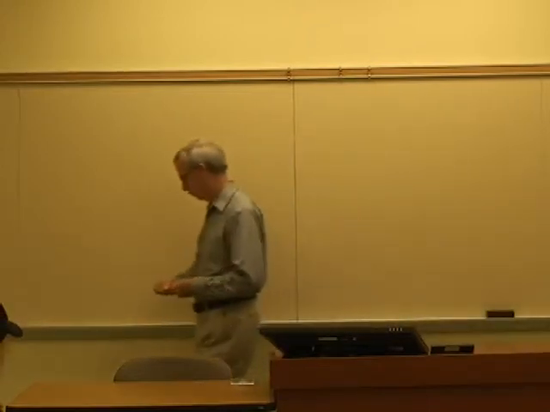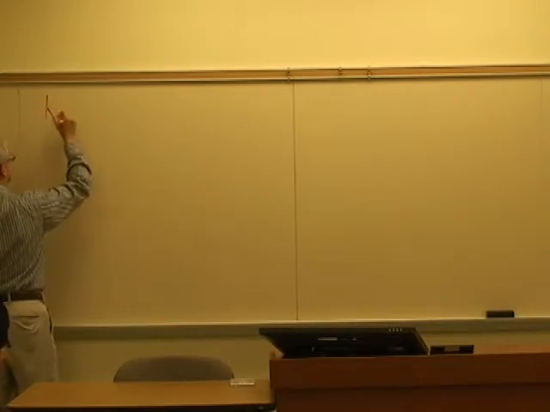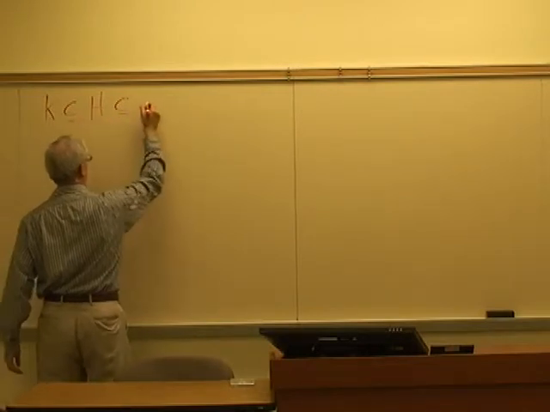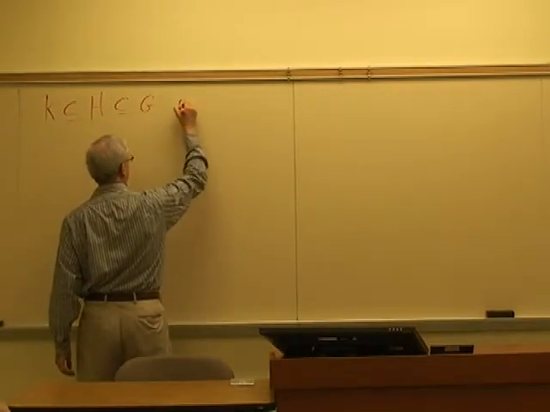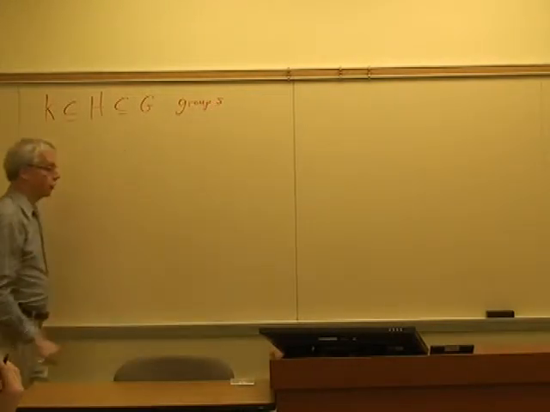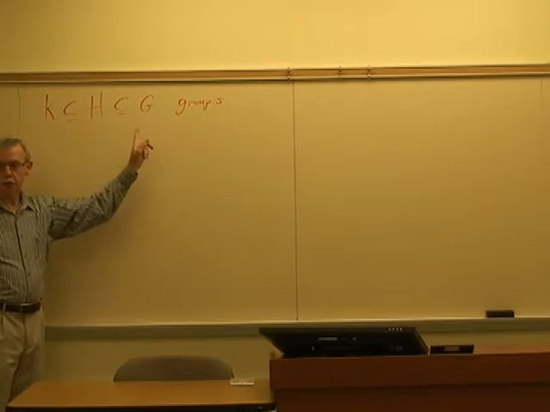Okay, so let's work problem 4. It went K, H, G, right? So we didn't prove it, but when a group lives in a group, it has to be a subgroup.